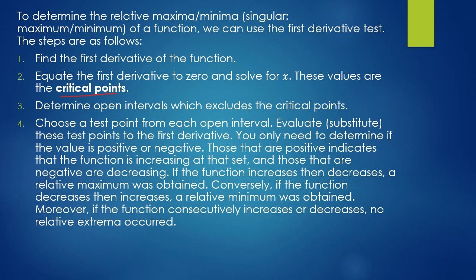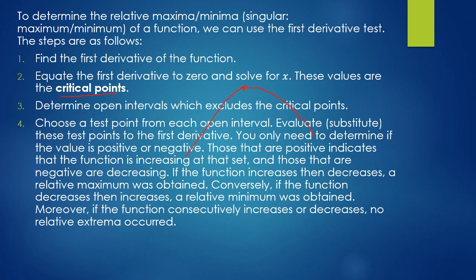Basically, what we want to find out in the first derivative test is if the function is increasing or decreasing. The critical points are the candidates for the relative maximum or minimum. So if a function is initially increasing, then went into a decreasing pattern, then what we have is a relative maximum. So basically we start from increasing and then it went decreasing.